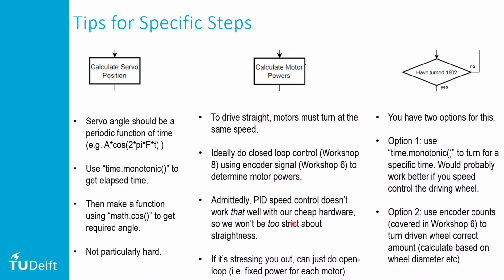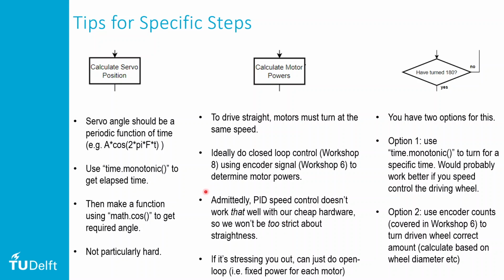Whereas if you were to buy a more expensive motor with an encoder, then basically the encoder would be on the motor shaft before the gearbox that slows it down and increases the torque. And therefore the encoder would spin much faster. You'd get way more counts from it, way more information, and you would be able to much better control the motor.